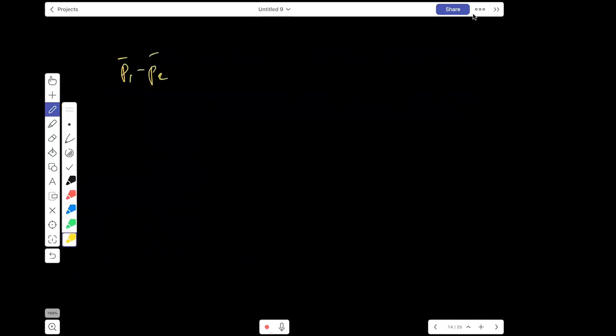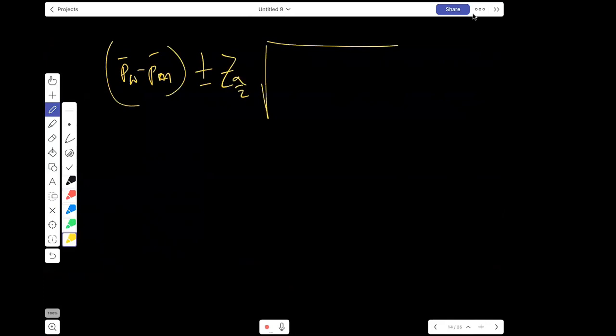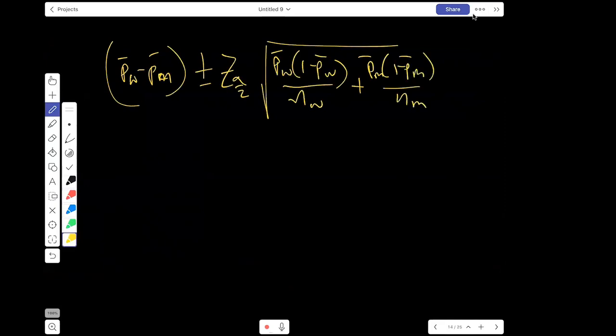Let's do it properly: women and men, plus or minus Z alpha over 2 times the square root of P bar women, 1 minus P bar women, over the sample size of women, plus P bar men, 1 minus P bar men, over the sample size for men.